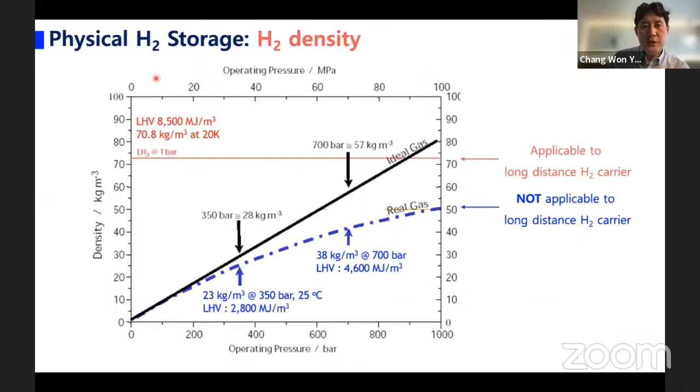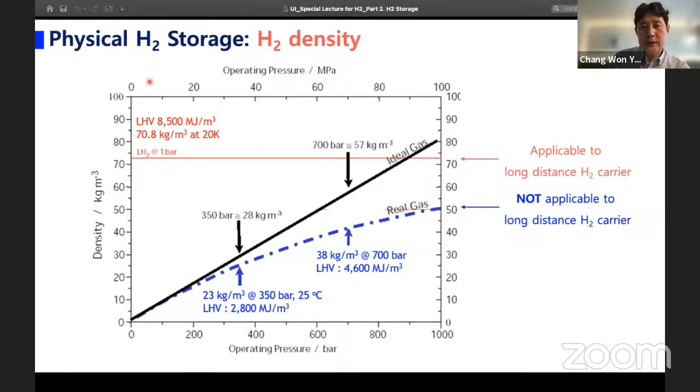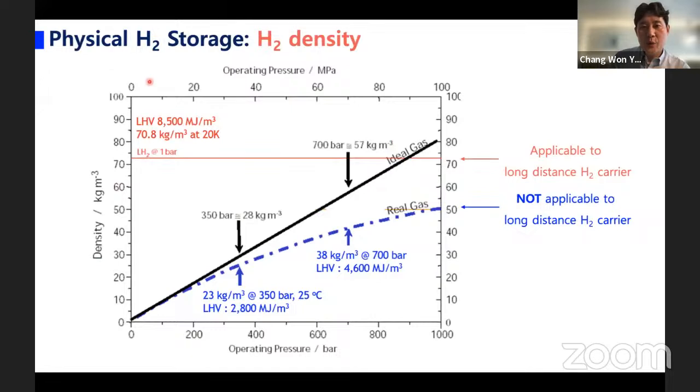So let me continue on why physical hydrogen storage falls short and why we need new technology for this purpose. Here the x-axis is the operating pressure in bar, and the y-axis is the density. The unit is kilogram per cubic meter, which means it's the volumetric hydrogen storage density, energy density, right?